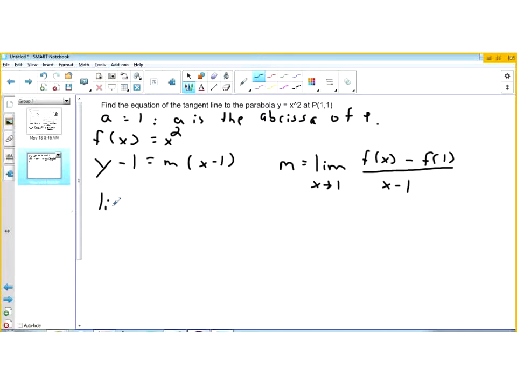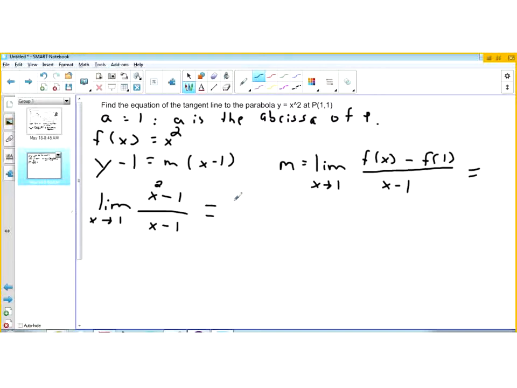Okay, and so now we make the appropriate substitutions. So that's equal to the limit as x approaches 1. Now f of x, of course, is x squared, and f of 1 is 1, divided by x minus 1.